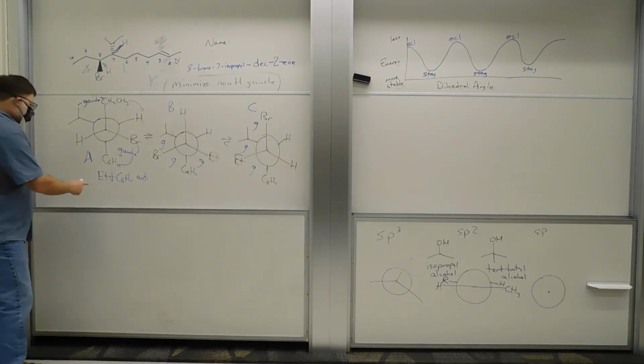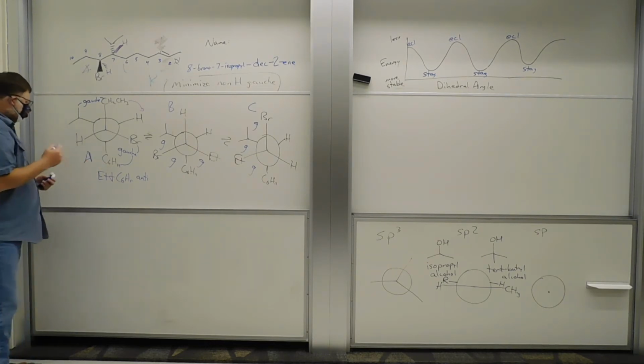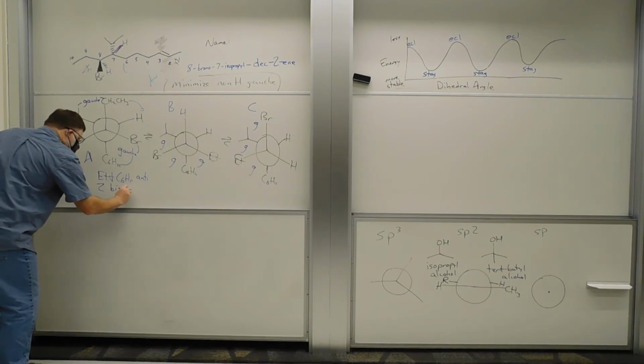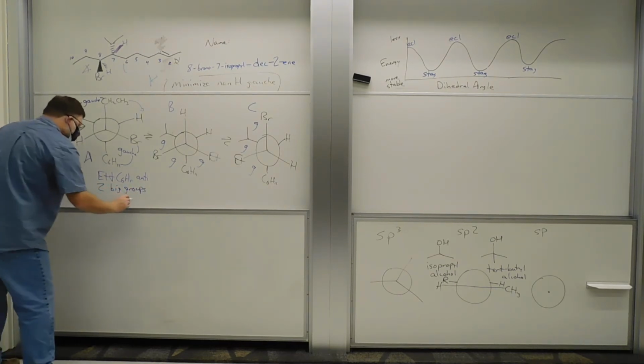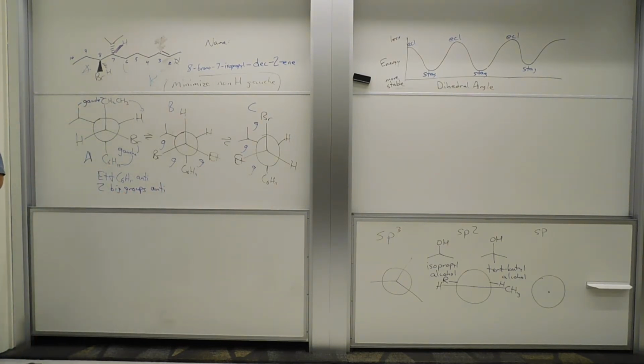A also has the advantage that, this is something else you can look at as a tiebreaker: you want to have the 2 biggest groups anti to each other. So the biggest group on the front carbon and the biggest group on the back carbon should be anti, if you have the same number of non-H gauche interactions.